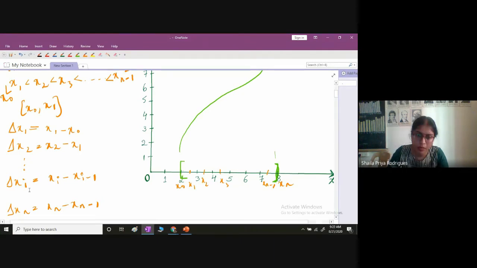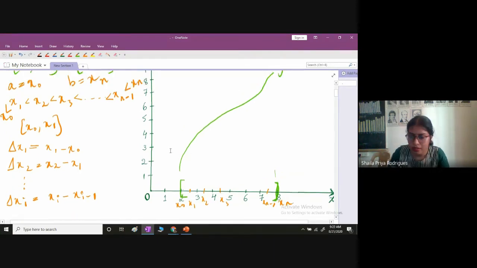Okay, wait. I should speak about something else before. So see, the rectangle along the first subinterval, that's not a rectangle, that's a trapezium. This is going to be the rectangle. I want you to find the area of that rectangle.